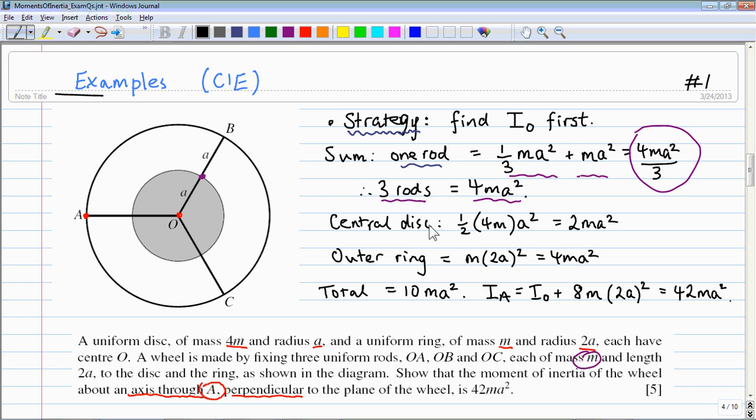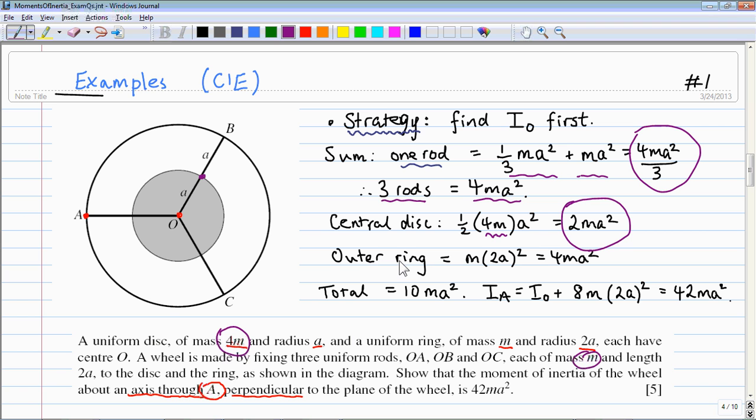For the moment of inertia of the central disk, again I use MF10, which tells me 1/2 times M times A squared, but notice here, of course, the mass of the disk is 4M, so I must use 4M in place of M. That would be a typical mistake, to write 1/2 MA squared, which is wrong because the mass is 4M. So we get 2MA squared for the moment of inertia of the disk about O.